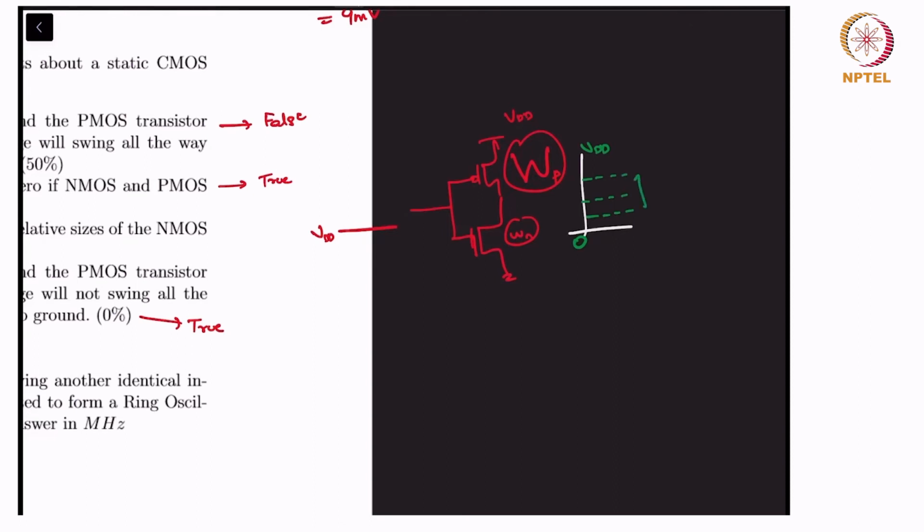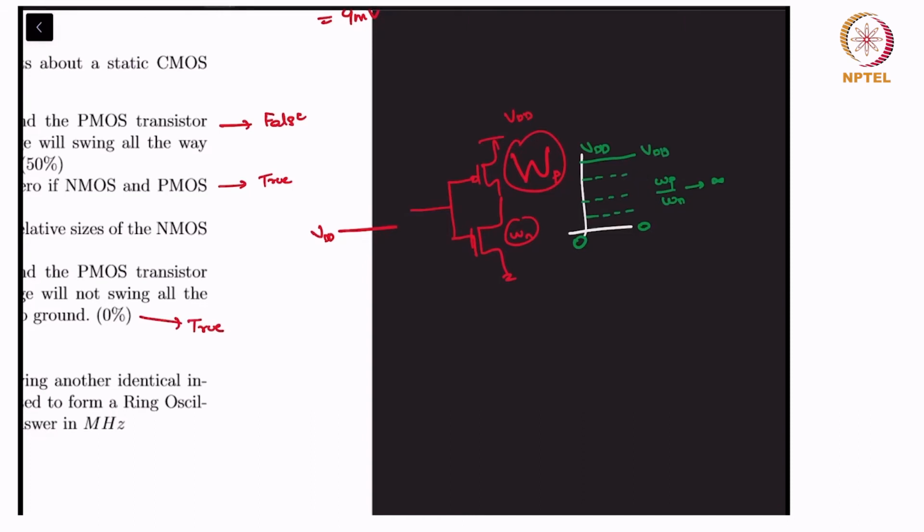So as WP by WN tends to infinity, the output voltage will go from 0 to VDD. So this is 0 on the y-axis to VDD on the y-axis.